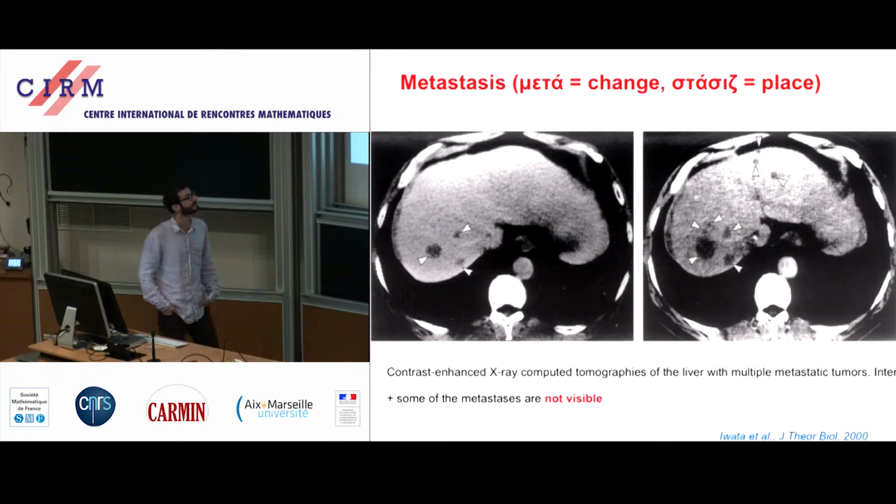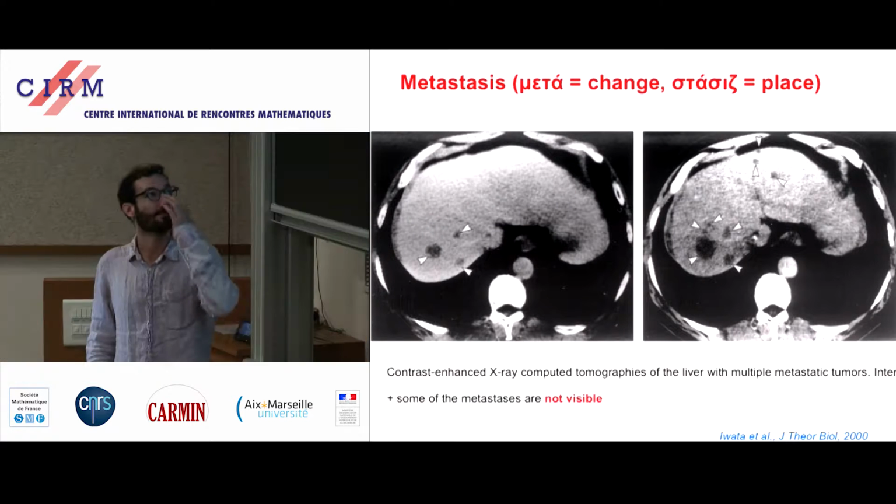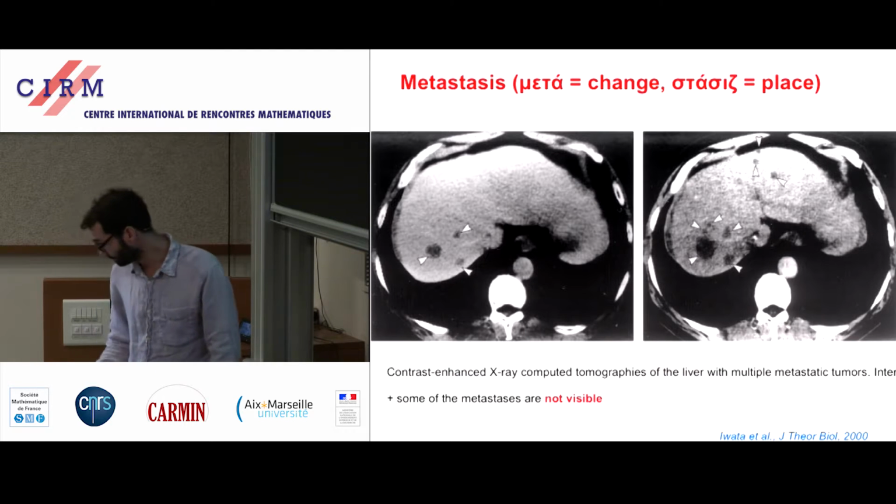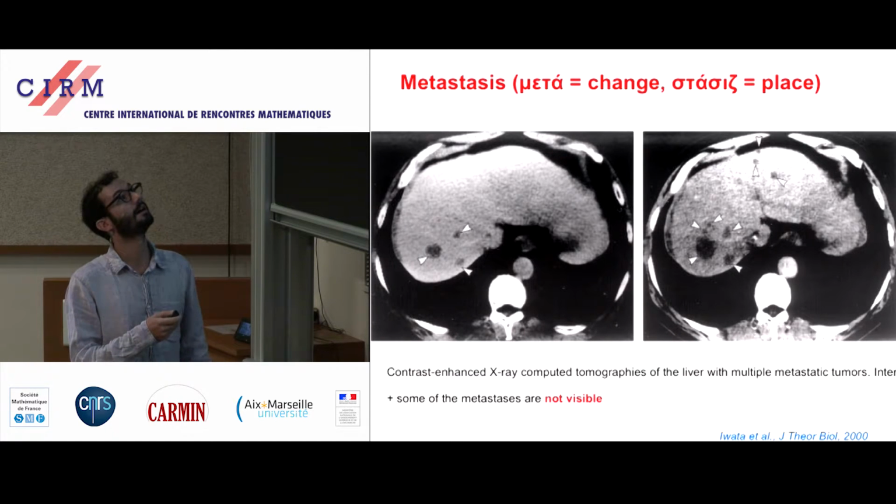So metastases can be seen on a CT scan like this. Here it's two CT scans with an interval of 127 days, and you have the primary tumor.